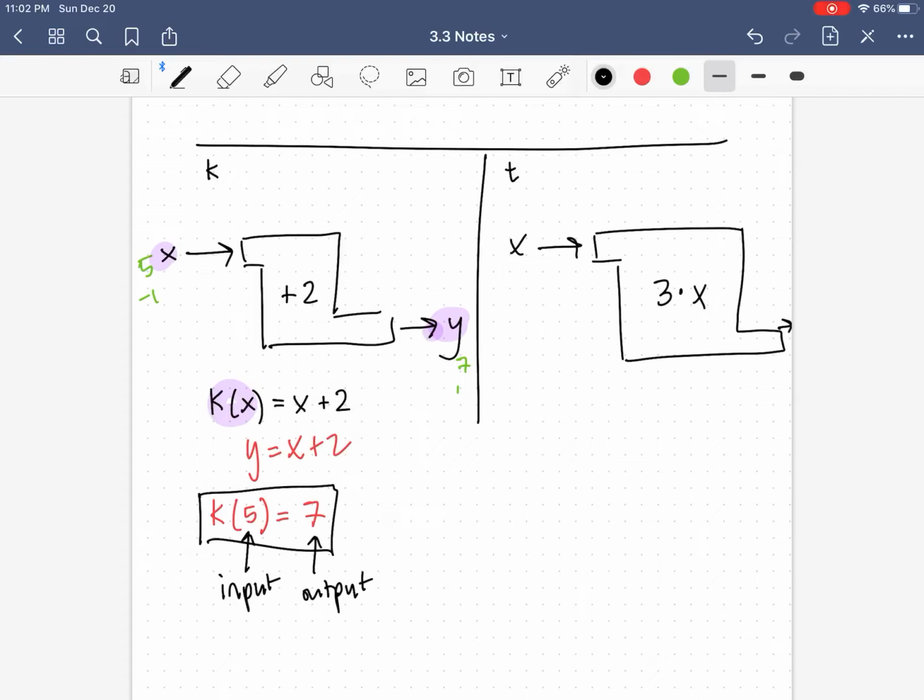Now it makes it a little bit easier to notate which function I'm dealing with, because this function looks like t of x equals 3x, and I could say t of -2 is 3 times -2, because the -2 comes into the function, it gets multiplied by 3 and comes out, so that equals -6. So t of -2 equals -6.